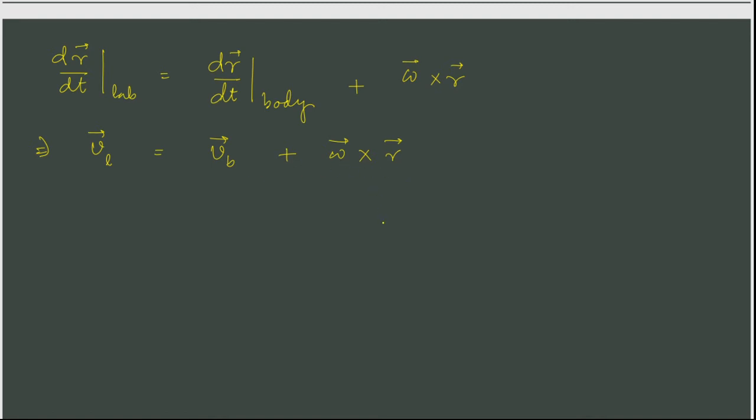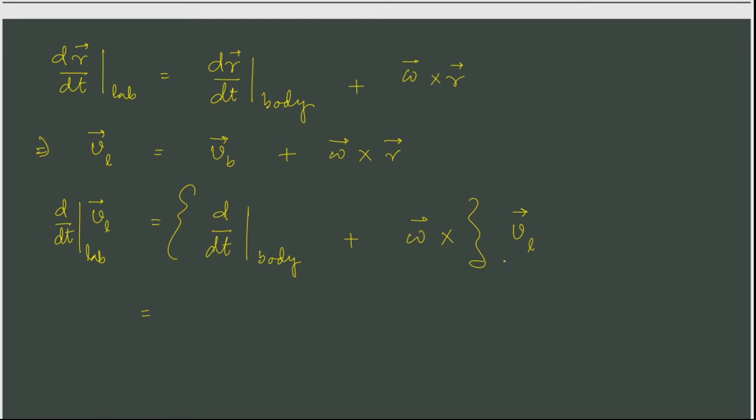Then what about acceleration? Acceleration is a little more involved, in the sense that what we would like to calculate is d/dt of V_L, but this d/dt must be the d/dt of the lab. This is what we are trying to calculate: from outside, how does the acceleration look? Well, d/dt of lab, we just now expanded, would be d/dt of the body frame plus omega cross, and this must be acting on V_L. But V_L has been defined in the above equation.